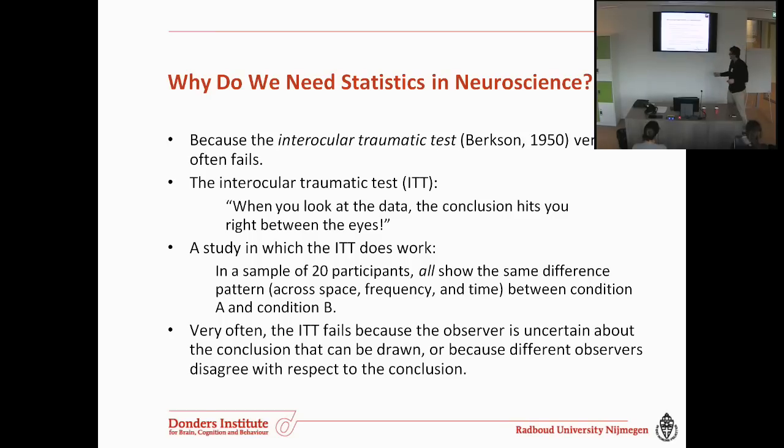That very often happens between you and the reviewers, or between you and imaginary reviewers. Because you look at your data and you think, I think this is in the data, but will some other guy, in particular the reviewer, also conclude the same thing from that pattern of data? And then you want to settle the issue, either in interaction with the reviewer or beforehand. So you do it with your imaginary reviewer. And statistics is useful for that.